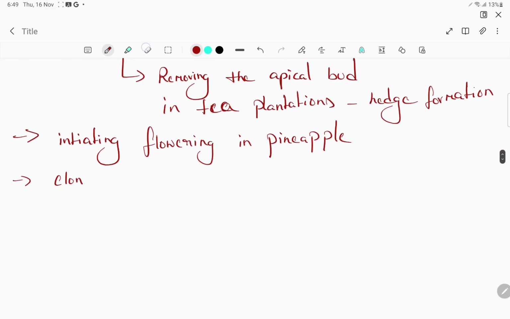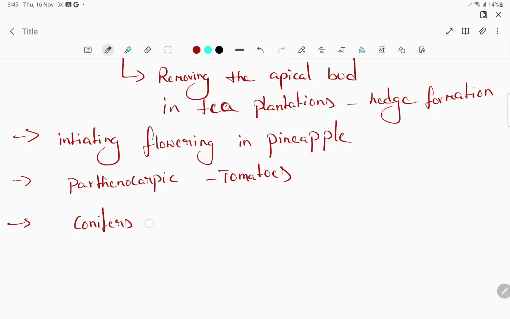For fruits. So flowering is done for fruits. Parthenocarpic tomatoes. For seeds. For conifers, hastening the maturity and speeding the maturity for seed formation.